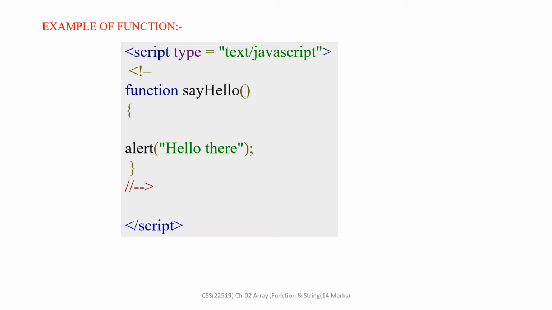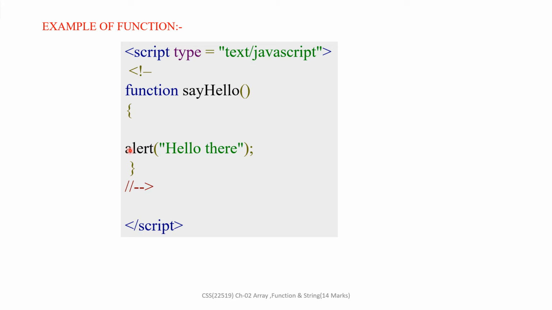Now we will see one example of a function. This is our script tag, and a function with the function keyword, and this is the function name. sayHello is the function name, then the opening curly bracket, alert, hello there. The alert function is used to print the message.